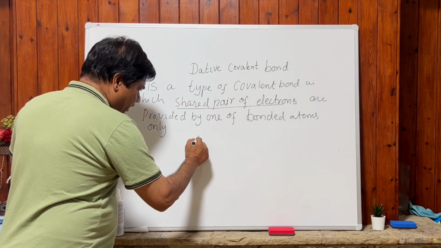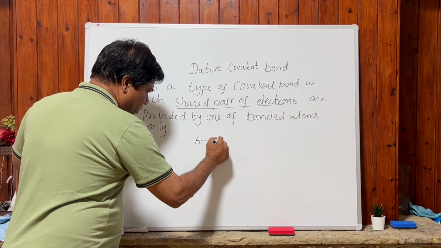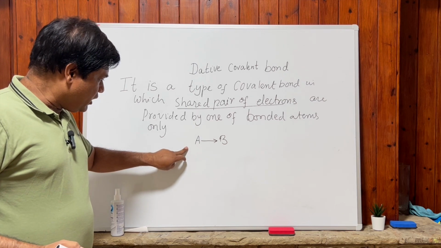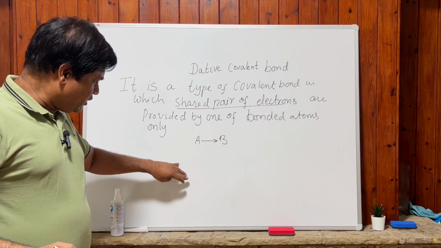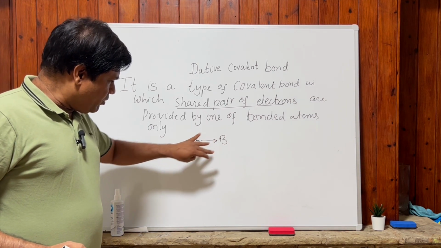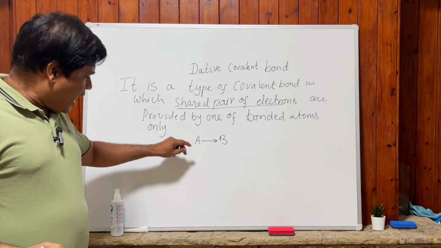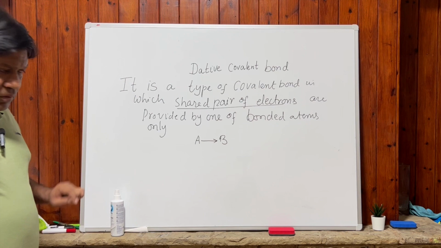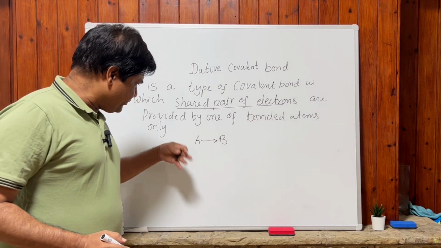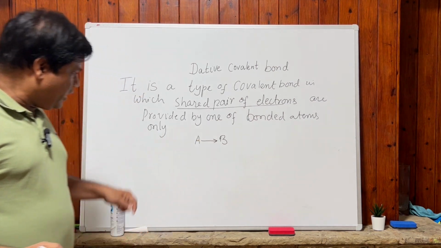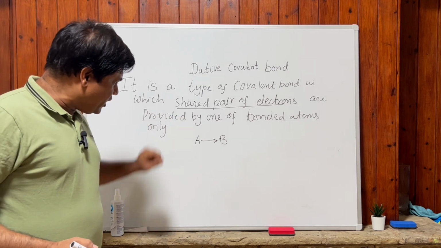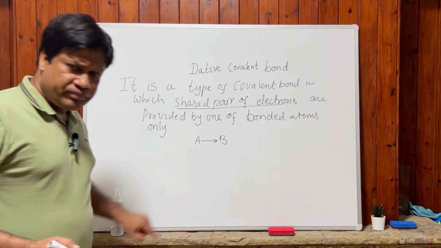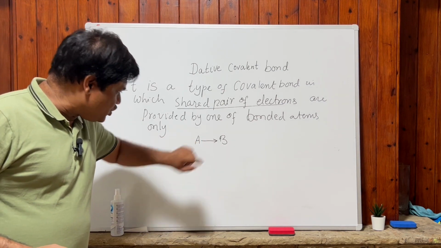Look, A arrow B. It means A has a covalent bond with B and donates a pair of electrons to B. After making a covalent bond, A is left with a lone pair of electrons and A donated a pair of electrons to B. Here B is electron deficient.